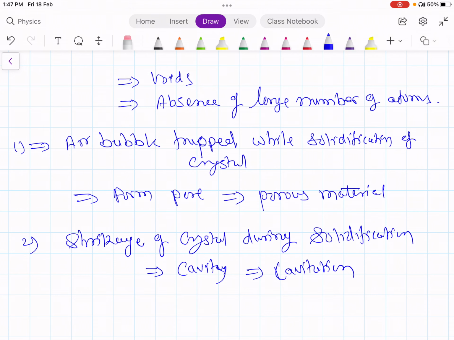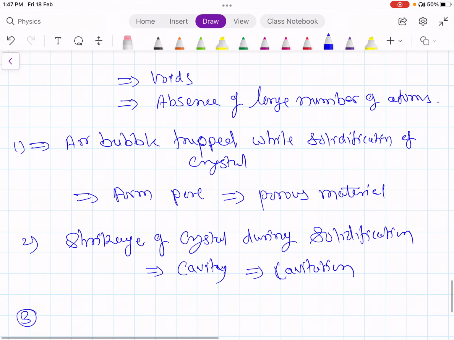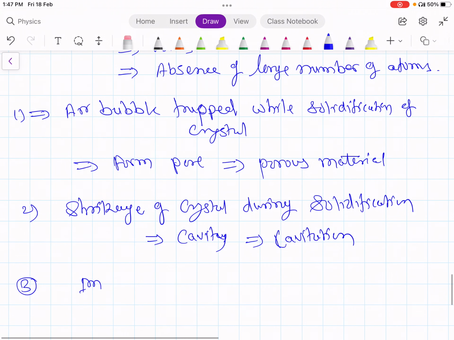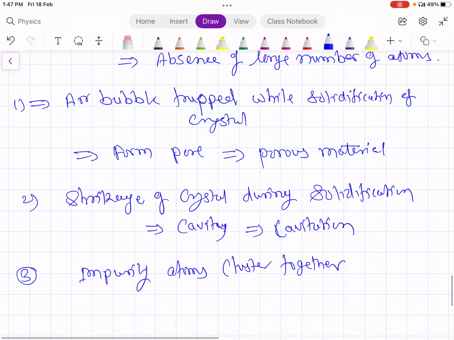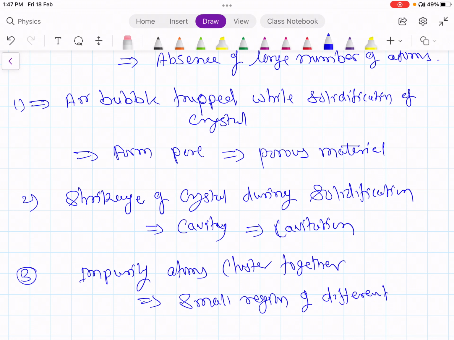The third way is, what if impurity atoms cluster together? They form a small region of a completely different phase with respect to the parent crystal.